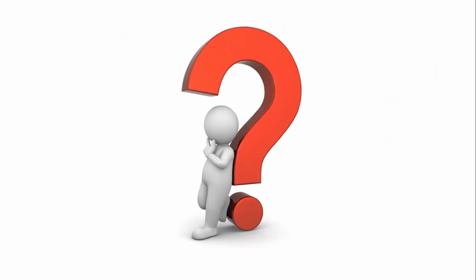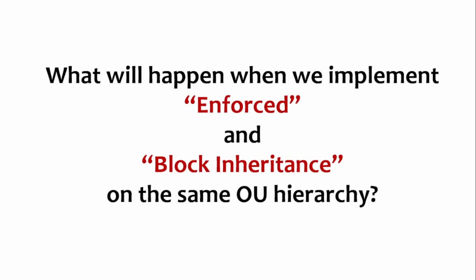When I started understanding group policies and troubleshooting group policy issues, I came across one question: what will happen when we implement enforced and block inheritance on the same OU hierarchy?